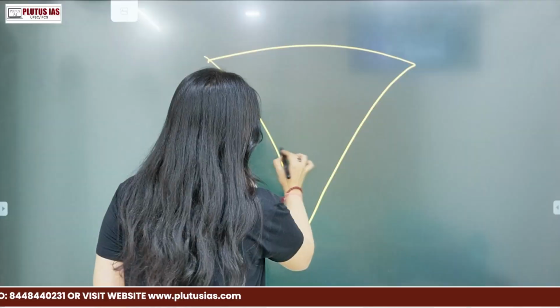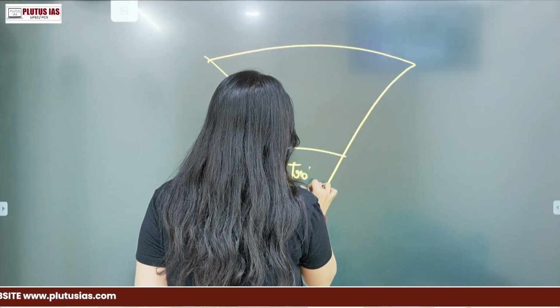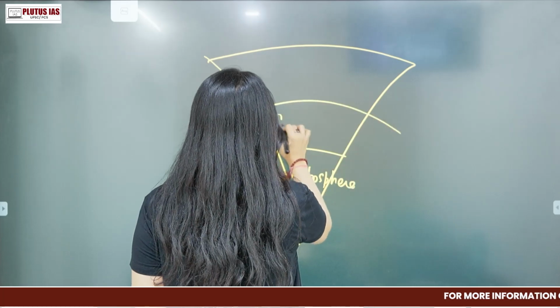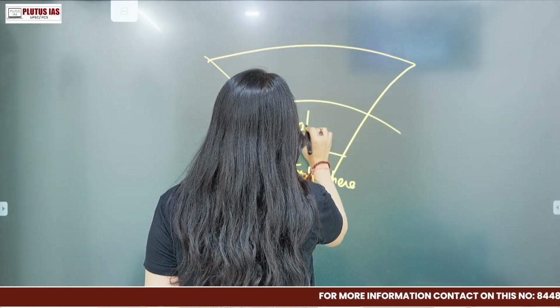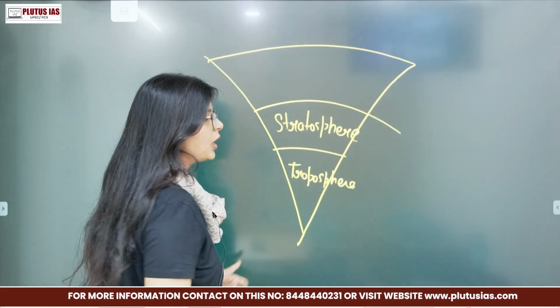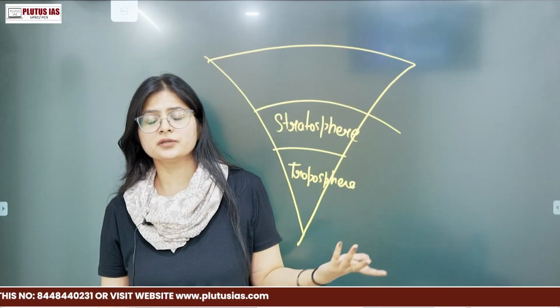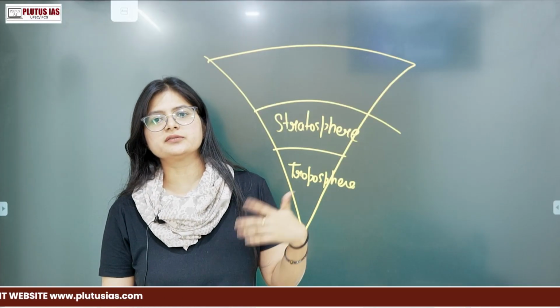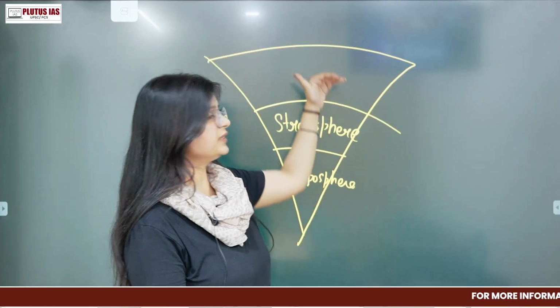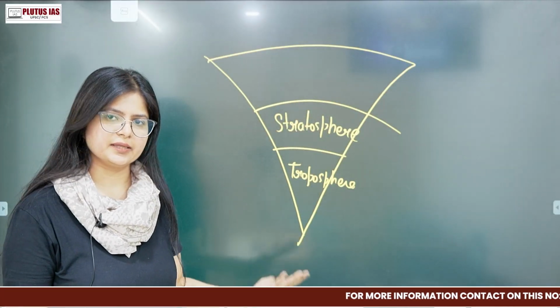These are important, right? After troposphere, we have stratosphere, okay? This is how we have the layering: troposphere, stratosphere, mesosphere, ionosphere is a part of it, then thermosphere and your exosphere, right? This is how the categorization of atmosphere is.